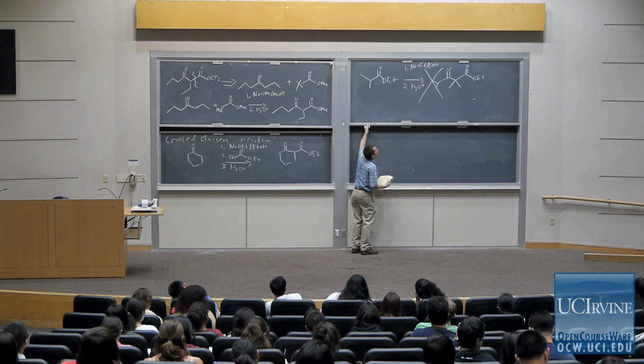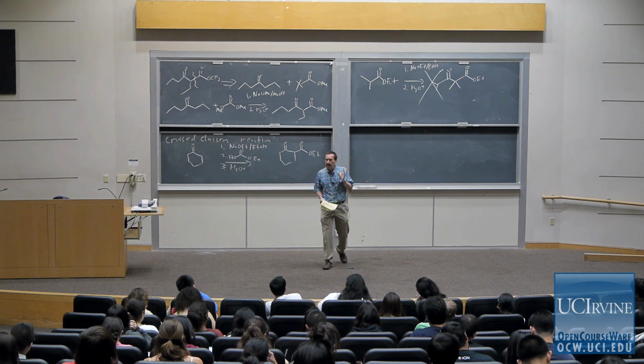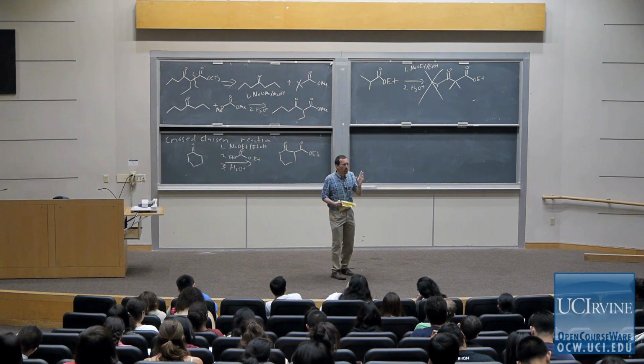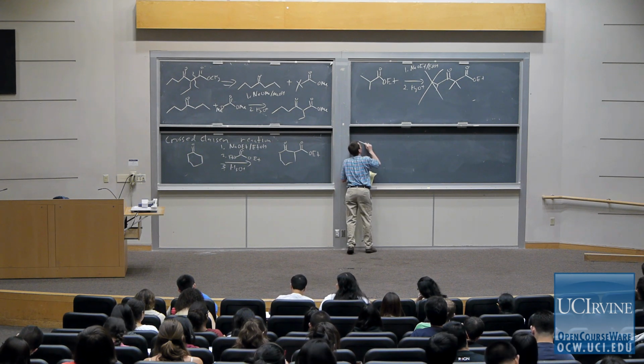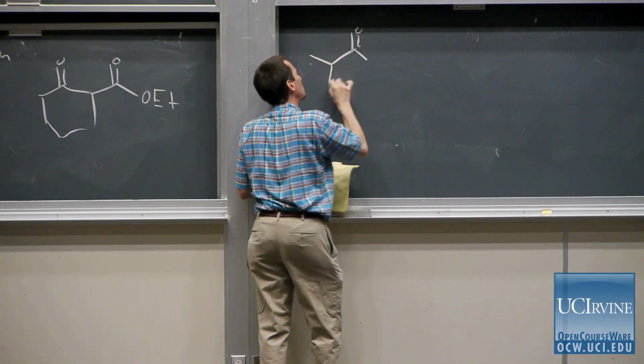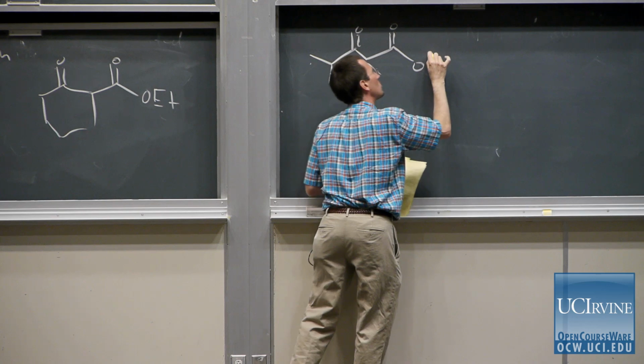So, to show you what that means, if I tried to do the reaction, if I mix the product under the reaction conditions, this is an equilibrium. This reaction goes backwards.